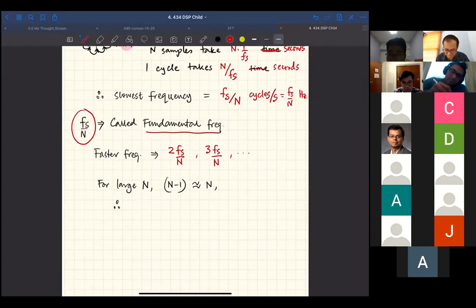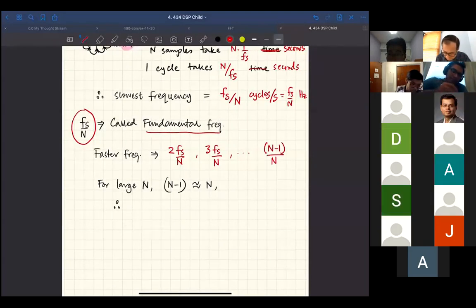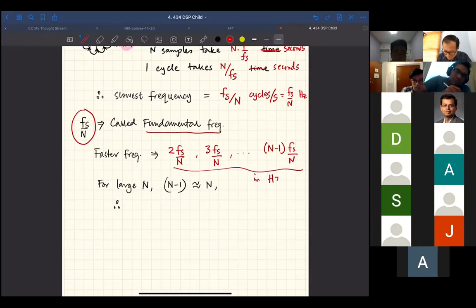Would it be n minus 1 times Fs over n? Absolutely. Actually, let me write it that way. You're right. And all of these are in hertz.